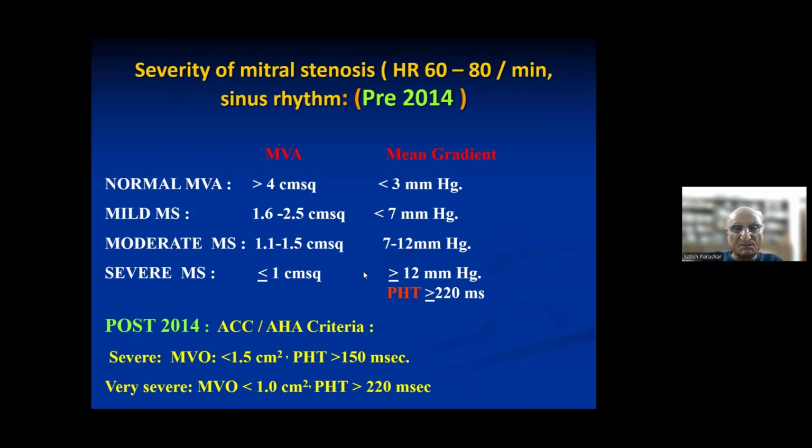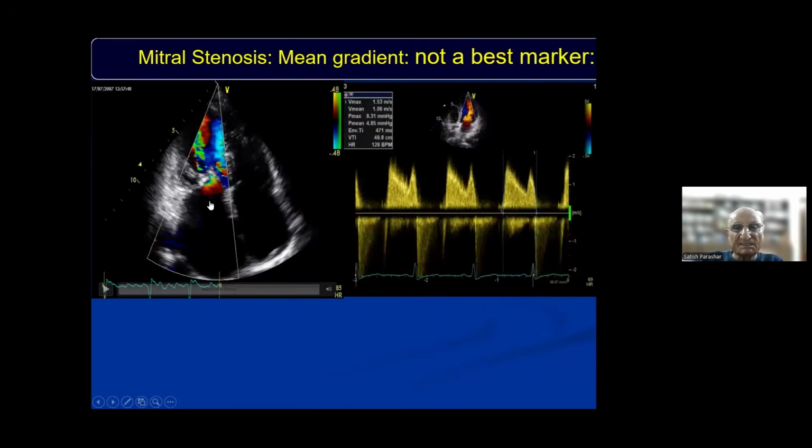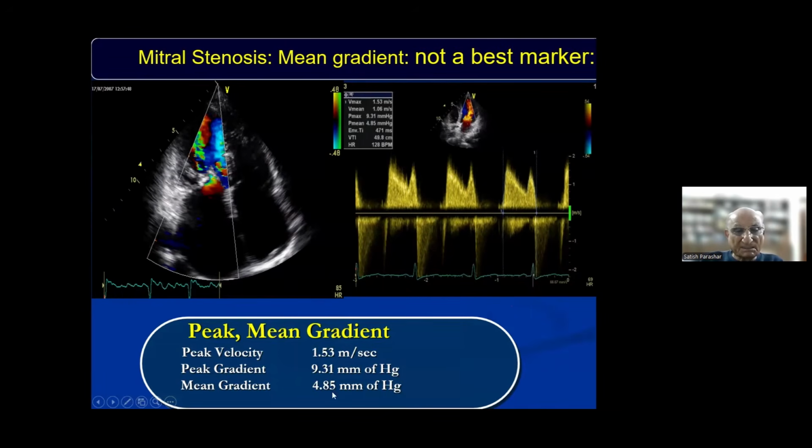The gradient progressively goes up as the area goes on decreasing. And this is how we take a mean gradient. You take it, you planimeter it, and then you get a mean gradient. For example, this much. So the apical view, and then you take it.